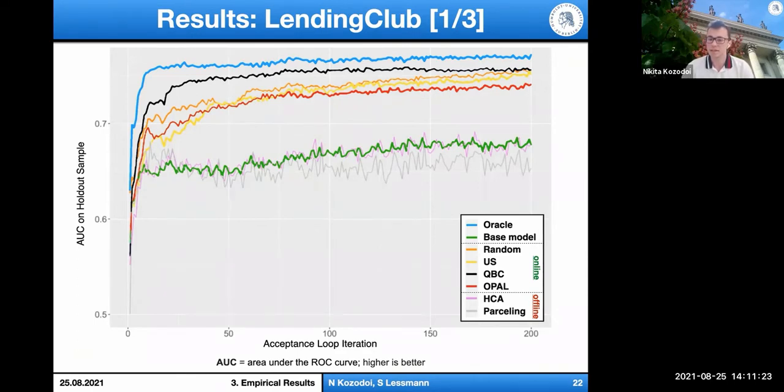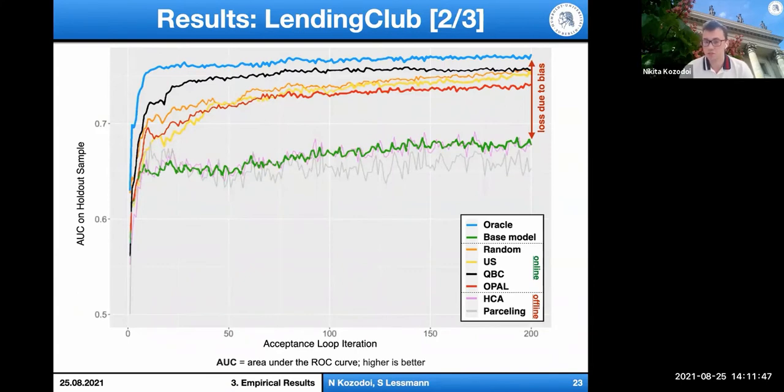The green line is a base model. So just using a scoring model trained on accepts without active learning. And we also have a blue line that represents the Oracle model. So the model that uses both accepts and rejects in the training data. And this difference between these two curves still represents the loss due to sampling bias.